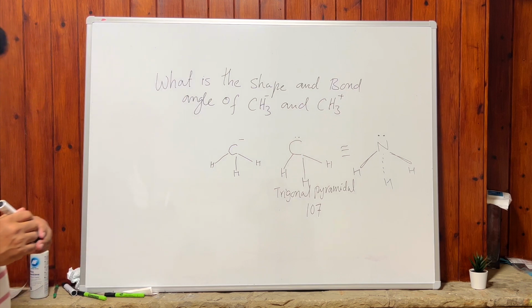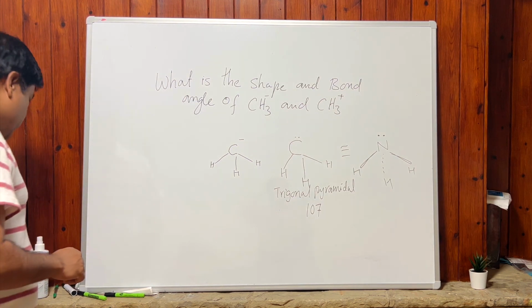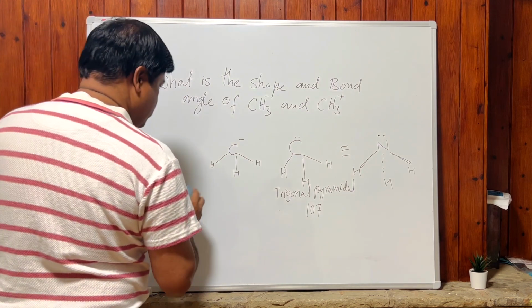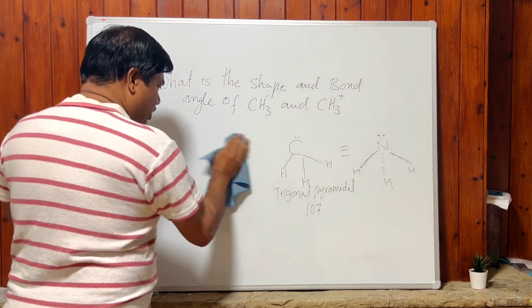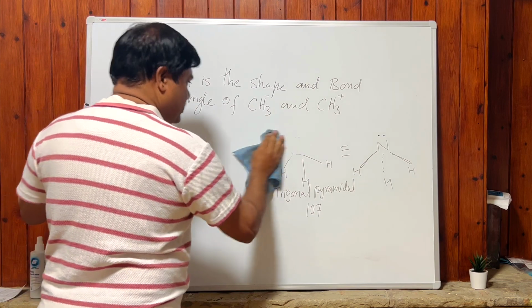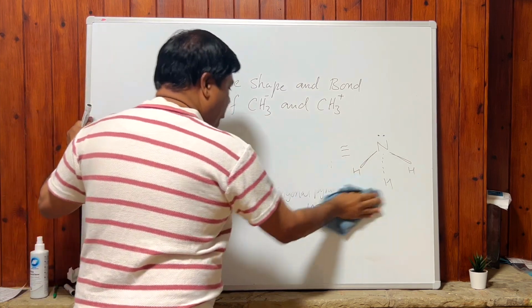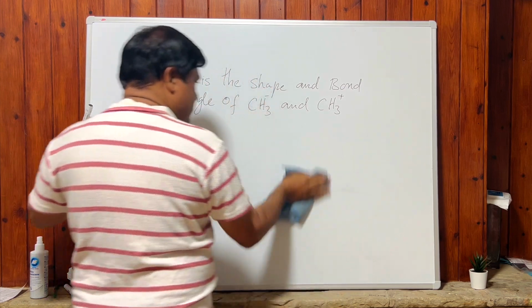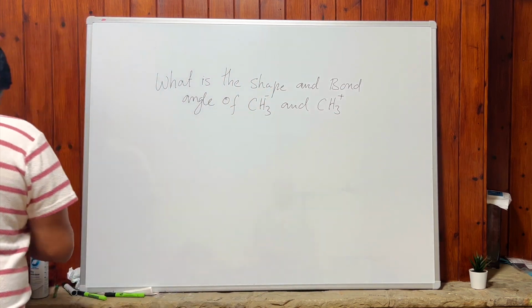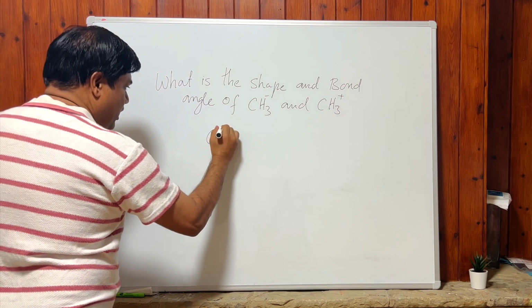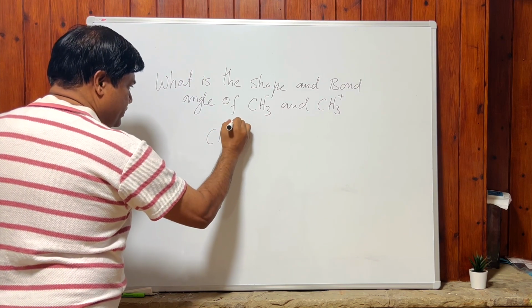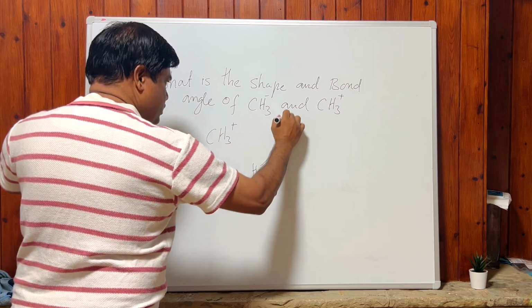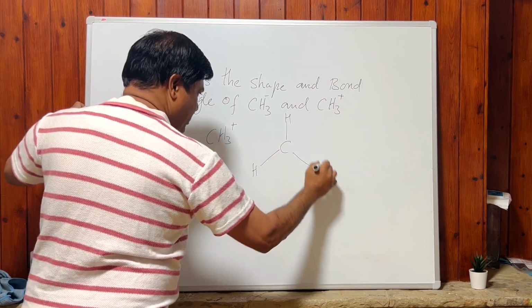And let's see the positive charge carbon. Shape and bond angle of CH3 plus. Positive charge carbon is called carbocation. So carbon, hydrogen, hydrogen, hydrogen, and a plus charge.